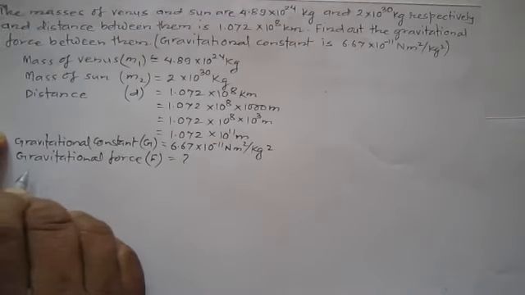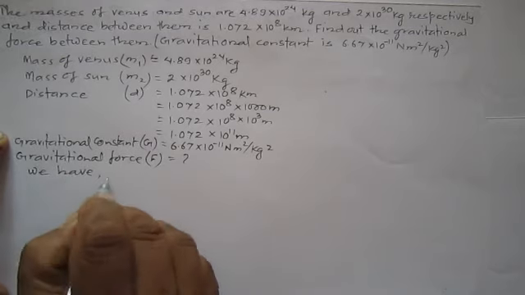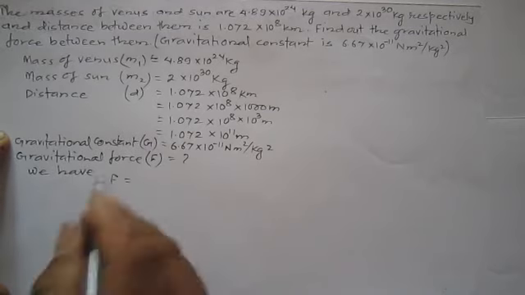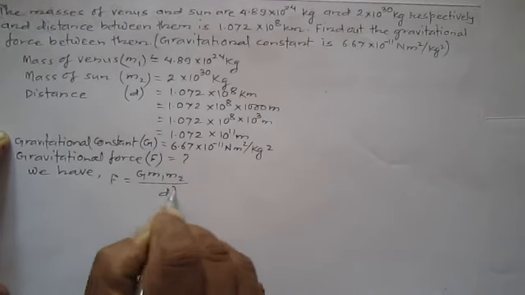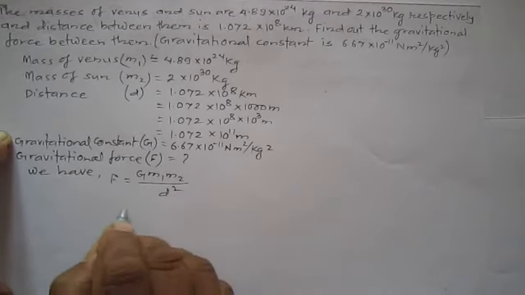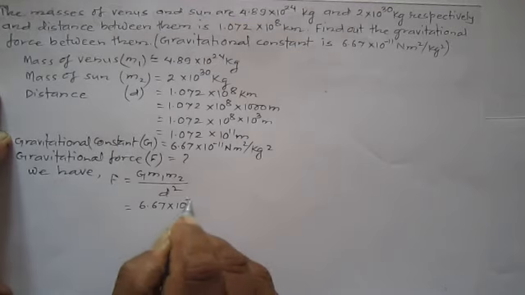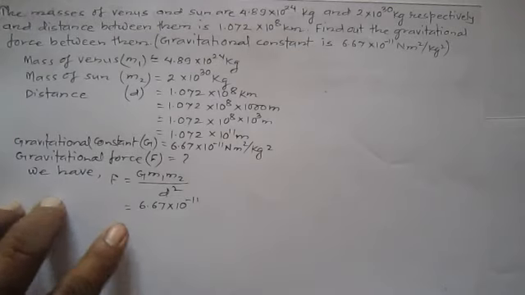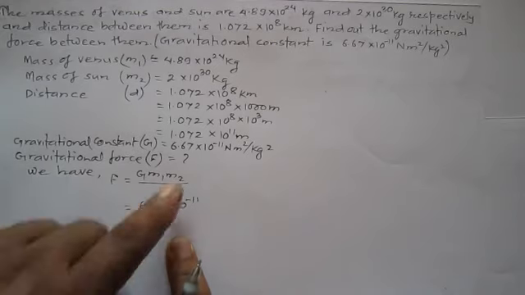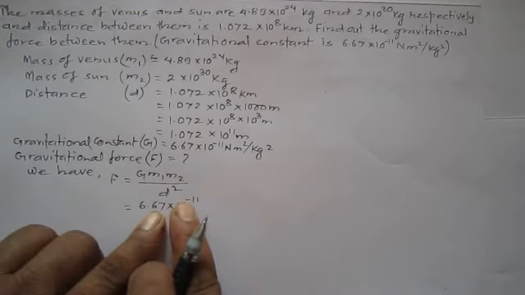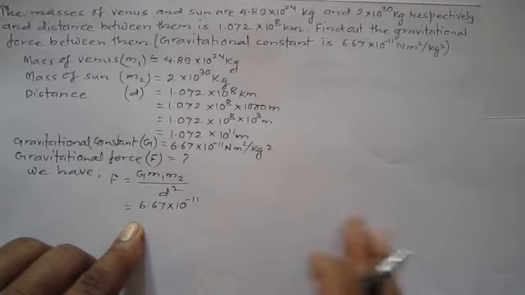While solving this, we have to write the formula first. The formula we can use is F equal to G m1 m2 by d square. Now the value of G is 6.67 into 10 to the power minus 11. While solving the numerical problem, in the process we are not writing the units because it becomes a little difficult to go through them. So it is not necessary to write units in the process.